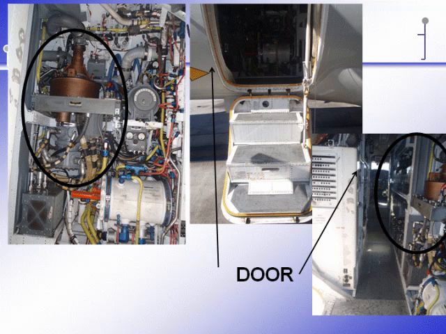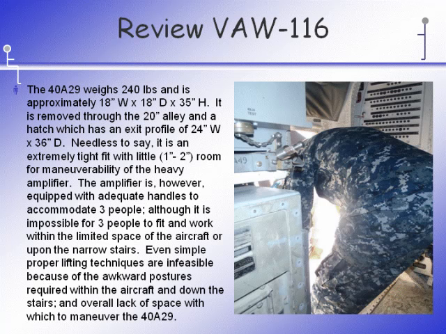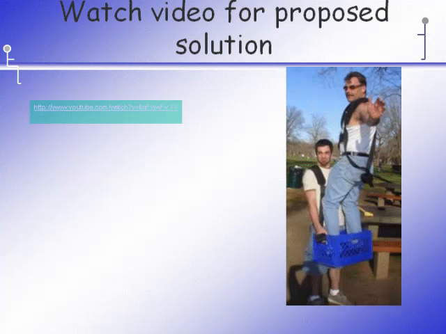It's got some really difficult contact points for gripping onto. You can't tip it because it has a stabilizing solution in it that helps to mitigate the effects of cold and hot weather. And now you can see the door, how small and narrow the door is, plus those stairs are quite steep. And there's really very little room in the alleyway here. And this is the posture that the individual is in when he's trying to pass that amplifier forward through the door.